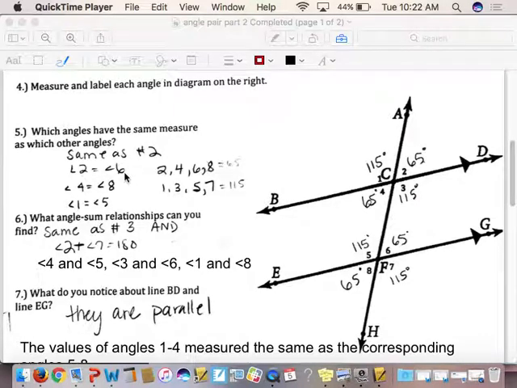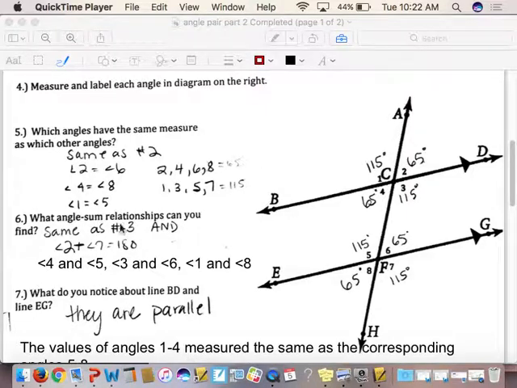So 2 equaled 6, 4 equaled 8, 1 equaled 5. 2, 4, 6, and 8, they all equaled 65. 1, 3, 5, and 7, they all equaled 115. So I saw maybe patterns occurring when I was looking through this diagram.